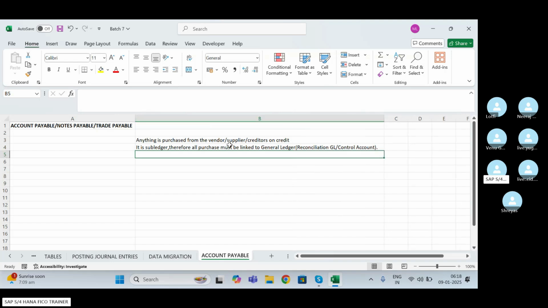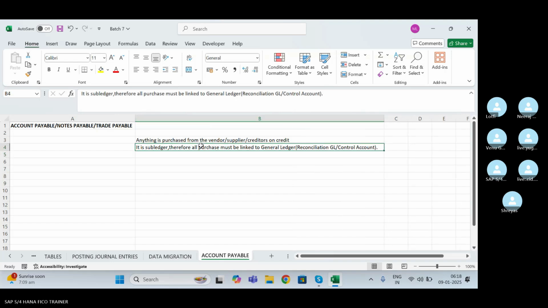What does it mean? It means that whenever you're posting any account payable related journal entry, you post the accounting entry at the vendor master level. That is known as a subledger. So each accounting entry posting will hit one of the GL accounts, known as a reconciliation account.